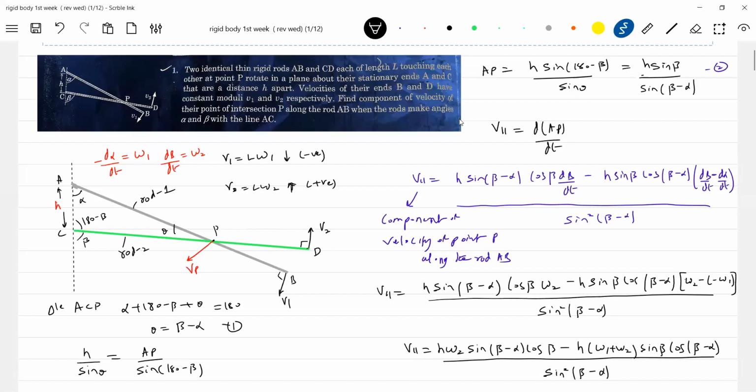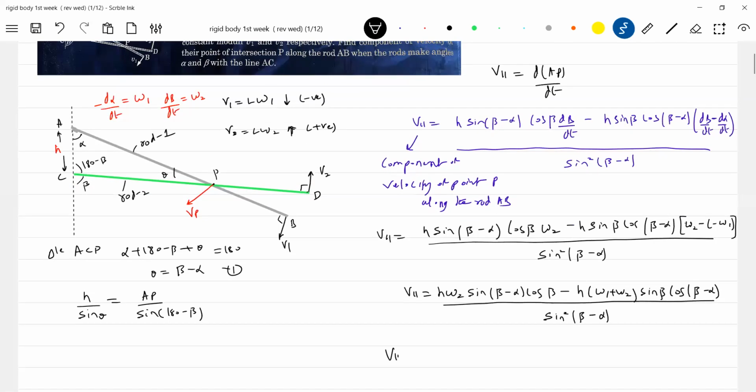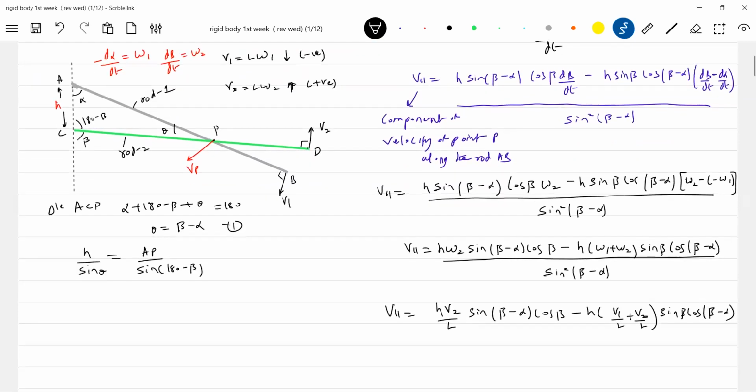This will be the answer. Oh, I have to write one more step. V1 by L1, I'll write it. We'll end up with the answer: H V1 by L, omega 2 is V2 by L, omega 1 will be V1 by L, this is V2 by L, all divided by the denominator.